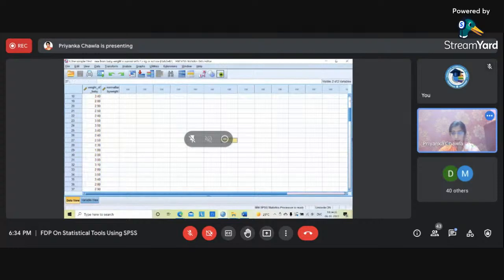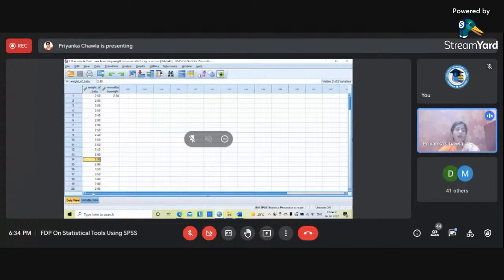Since these are scale data, it is not recorded in ordinal or nominal scale. So we have recorded in a continuous scale. That means it is an interval scale. If this is an interval scale, can we apply this non-parametric test on this interval scale? Can we apply?